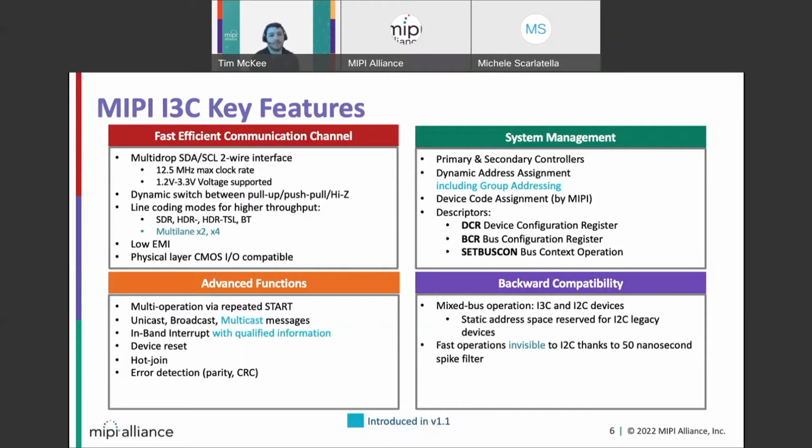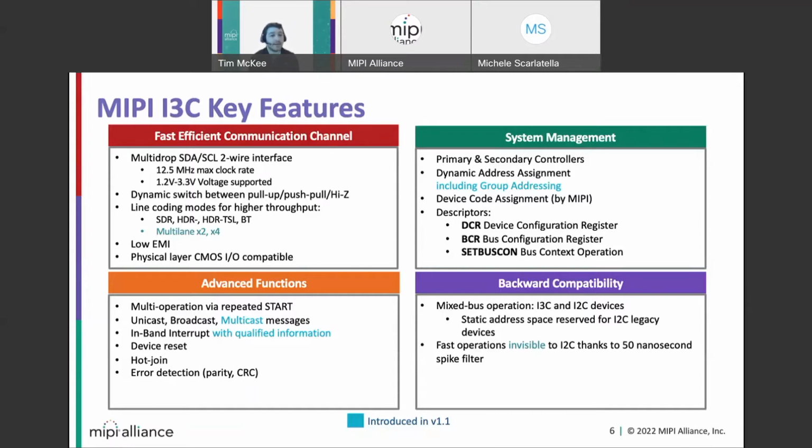System management, right? There's the ability for both primary and secondary controllers. Dynamic addressing, including group addressing, which is great. It allows a device to address multiple devices at once instead of always having to address each device individually. Can be great for efficiency. And then, of course, backwards compatibility.